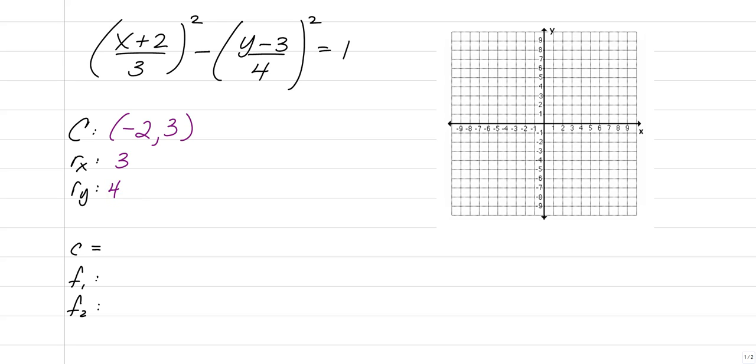Now this does not look like an ellipse. So if we were to do an ellipse here, we would start at negative 2, 3, and we would put our center. And then our radius in the x direction would be 1, 2, 3 to the right, and 1, 2, 3 to the left. And then our radius in the y direction would be up 4 and down 4.